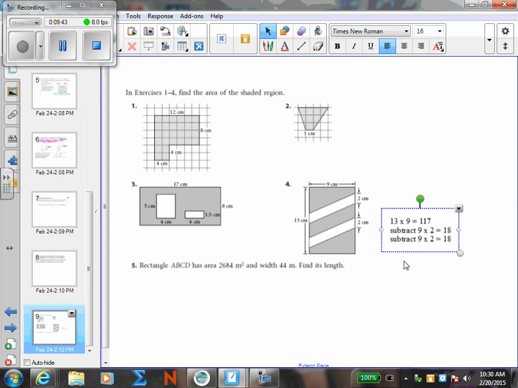So if we take 117 minus 36, we get 81. So the area of the shaded region is 81 centimeters squared.